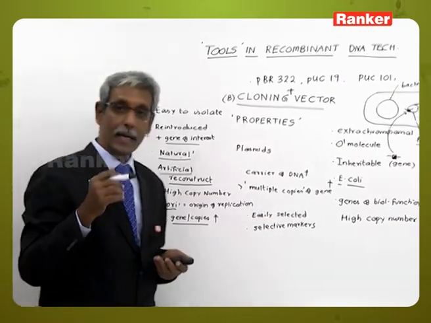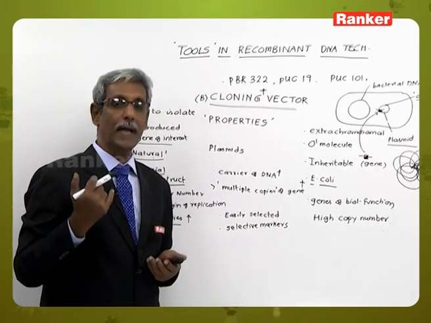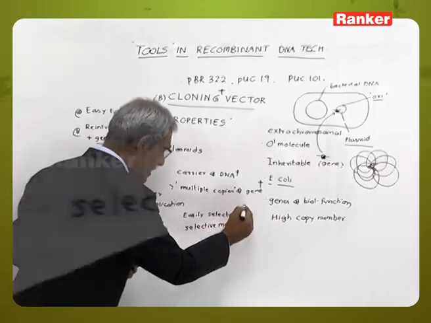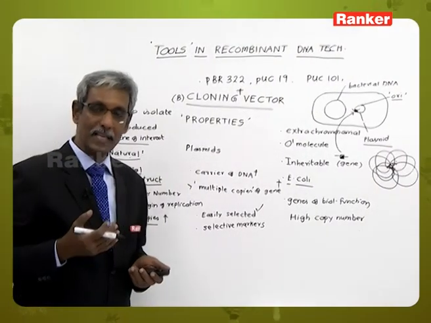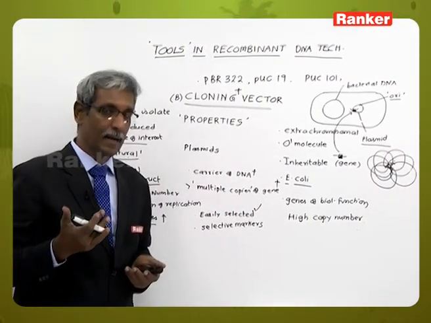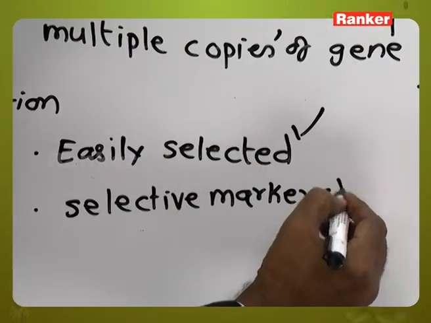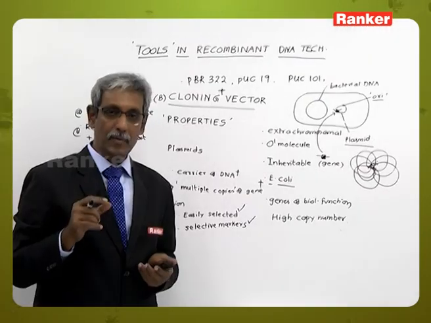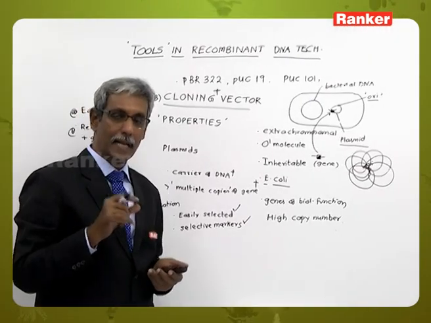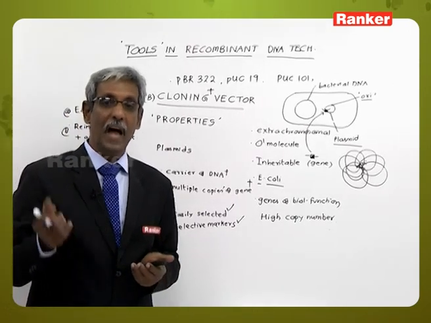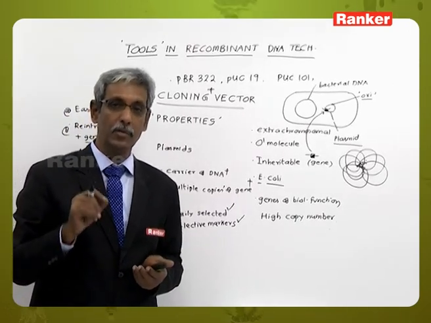Now, whenever you take any particular plasmid, a few more characters of plasmids are that the plasmid can easily be selected. There are some plasmids which can easily be selected by applying a fluorescent dye. And again, they also have selective markers. They have selective markers on the basis of which you can identify whether a cell or a molecule has undergone recombination, that is, whether a foreign gene has been inserted into the DNA.